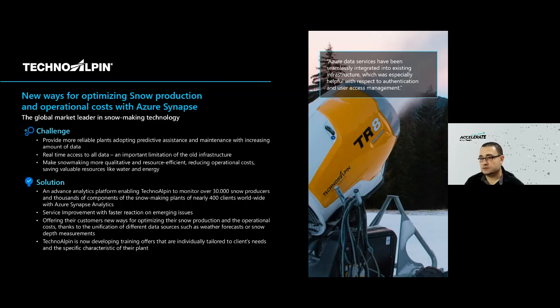So they're able to monitor all these remotely and advise all their clients in real time and let them know, hey, you may need to change settings on these machines, turn them on, turn them off, in real time, consuming the telemetry that these machines are sending via wireless communications back to Azure Synapse. So really powerful, really interesting use case of real-time ingestion and processing of data with Azure Synapse Analytics.